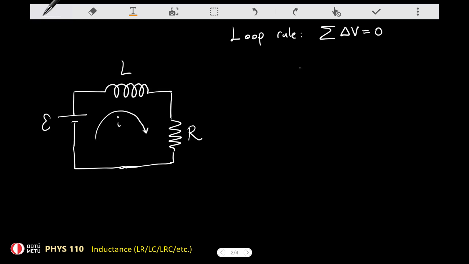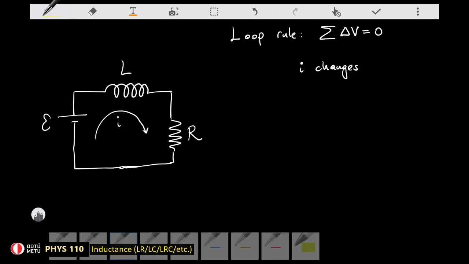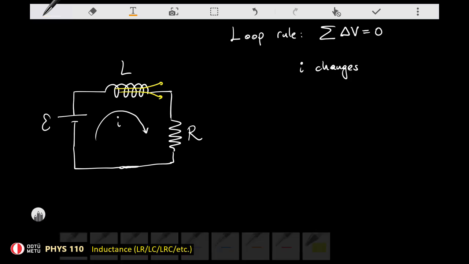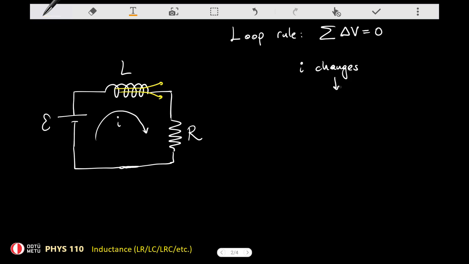The problem is this. We have a situation in here where the current changes with time. When you close the switch, of course, it just changes from 0 to something else. So we know that this current produces a significant magnetic field in here, which then implies that the magnetic field changes.